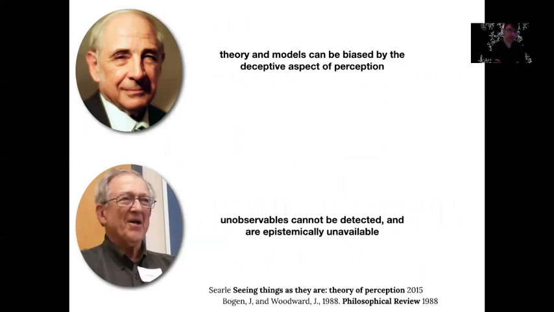They say that theory and models can be biased by the deceptive aspect of perception. And we've seen it with lesion analysis, classical lesion analysis. A lot of things don't come out as significant. But if you look at disconnection, suddenly you change your perception and you get something significant.